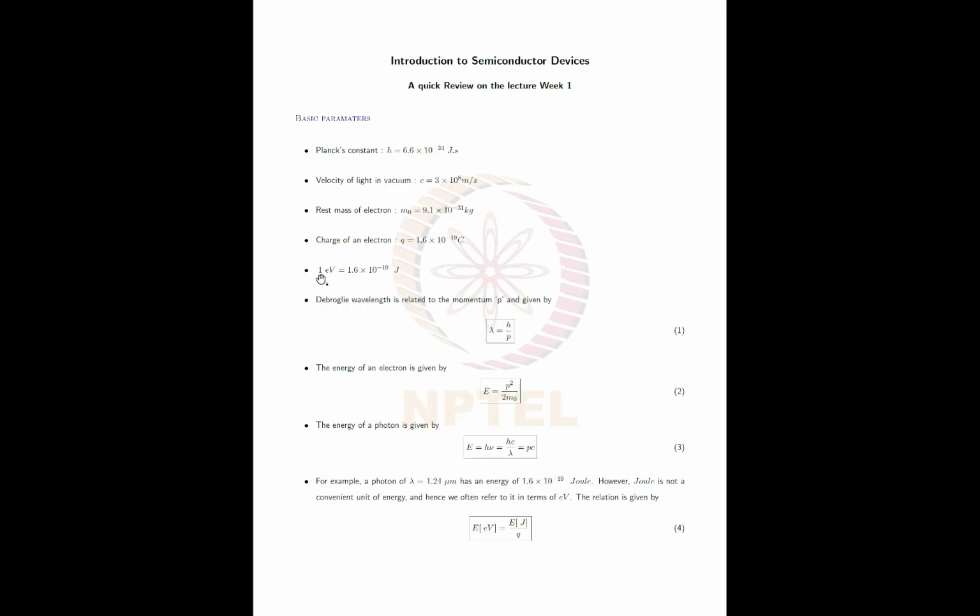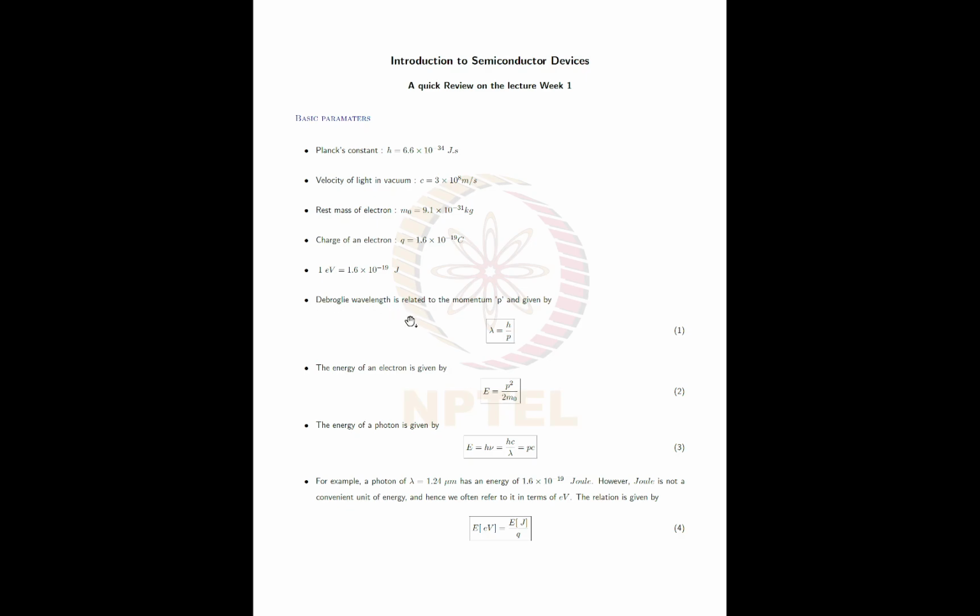Now this is the electron volt unit, which is basically how much energy needs to be applied to give this charge 1 volt of potential, that is 1 eV, that is 1.6 into 10 to the power minus 19 joules.